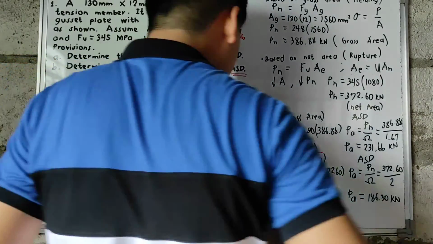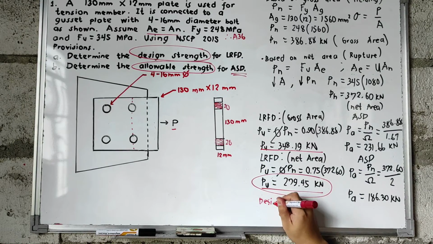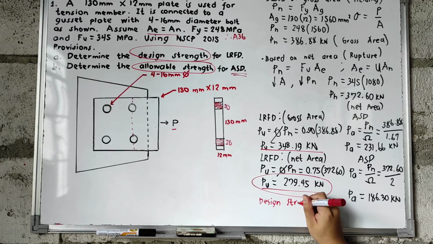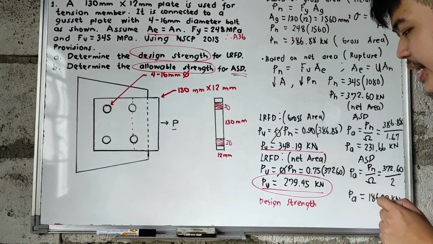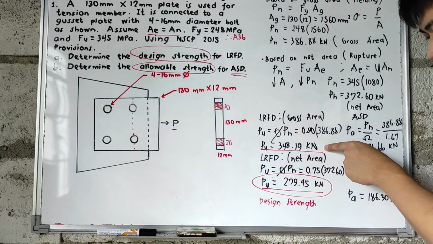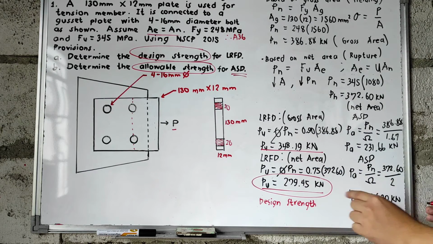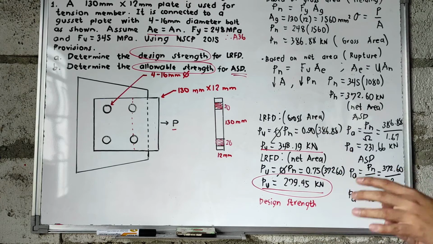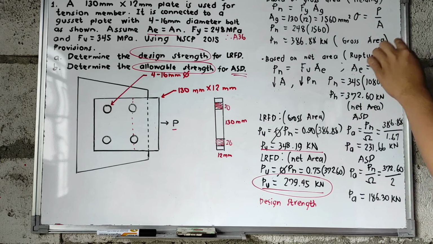So, ito yung magiging answer natin or ito yung magiging design strength natin. So, laging lesser yung value na kino-consider natin kasi nga, kung i-adapt natin etong 348.19 dito sa net area natin, yung tendency is masisira yung plate natin dito sa net area natin. Kasi hanggang 279.45 kN lang yung kayang dalhin ng plate natin considering rupture.